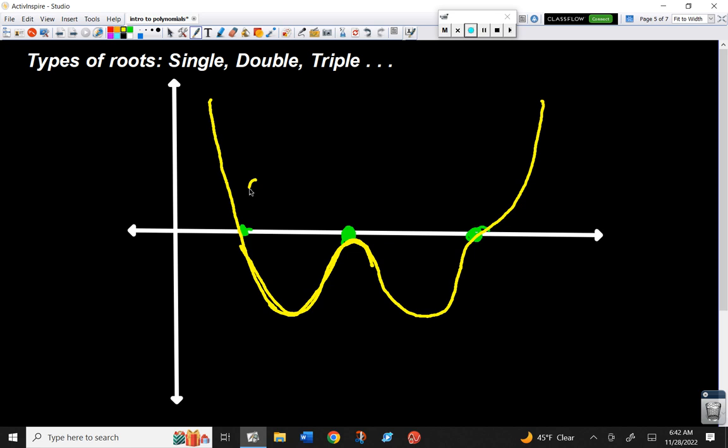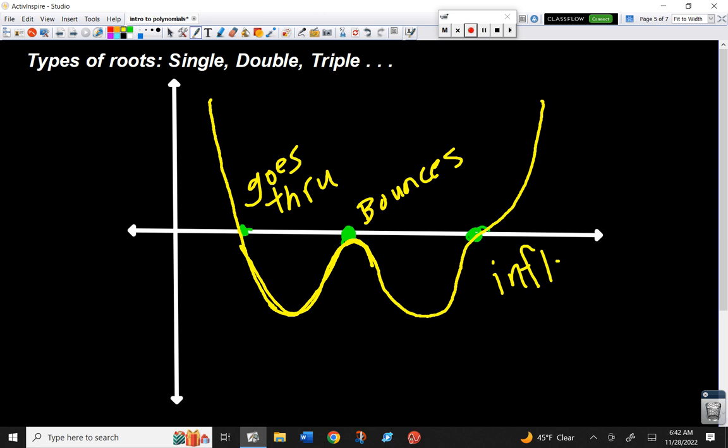So it goes through the single root. It bounces off of an even root, and it does kind of like an inflection, kind of changes direction.